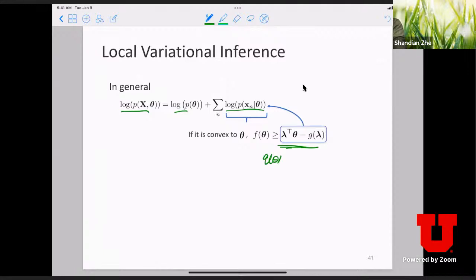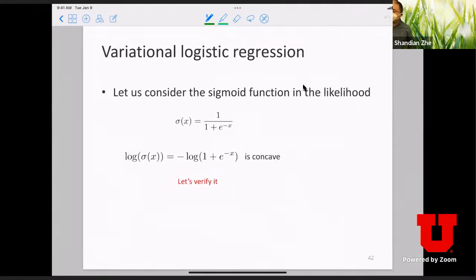Now let us use this kind of idea to get easy inference for the logistic regression model. As we mentioned before, if you directly compute the posterior for logistic regression, suppose this is your prior of the weight, and suppose y is your label, either 0 or 1.